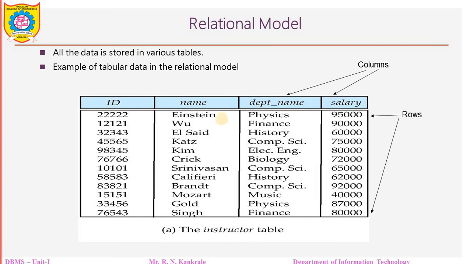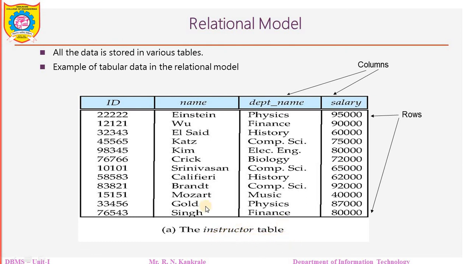So let us see an example of the relational model. It is just a simple table. It has 4 columns: ID, name, department name, and salary. These column names are called attributes. The instructor table is called a relation.